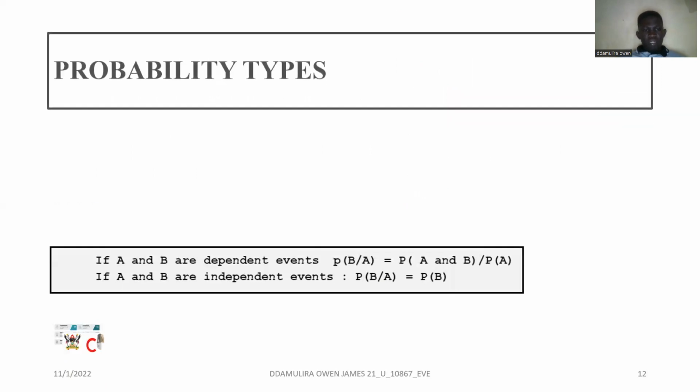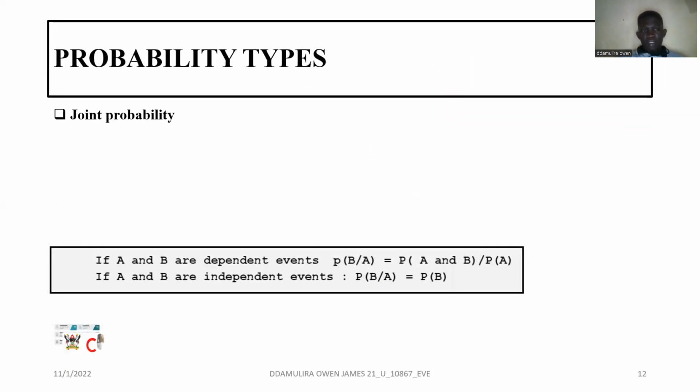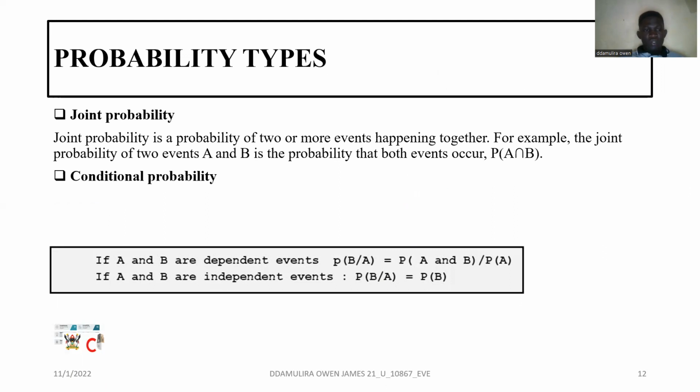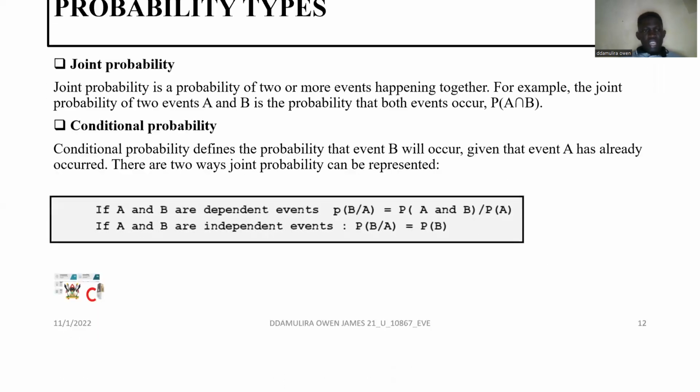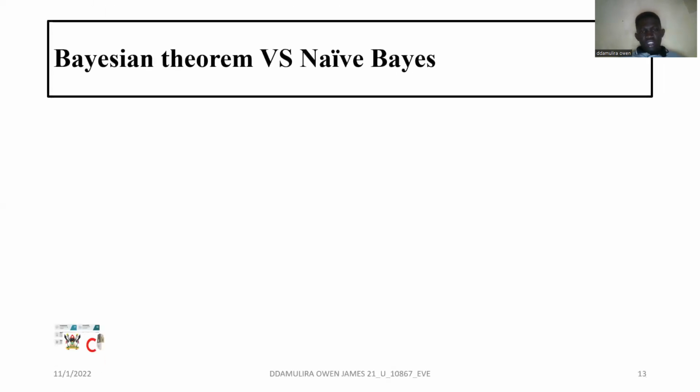Bayesian network has two types: joint probability and conditional probability. Joint probability is the probability of two or more events happening together, while conditional probability is the probability of an event given that another event has already occurred.